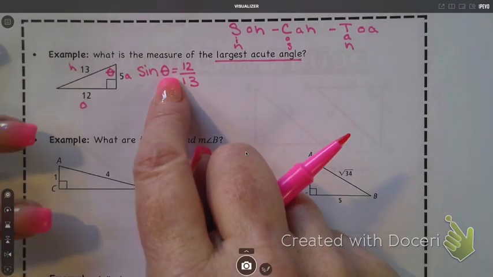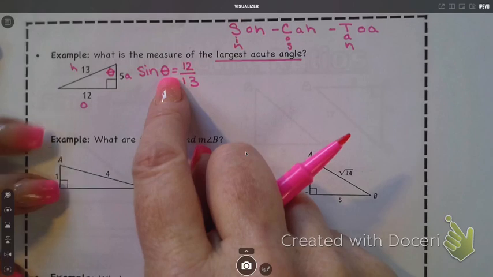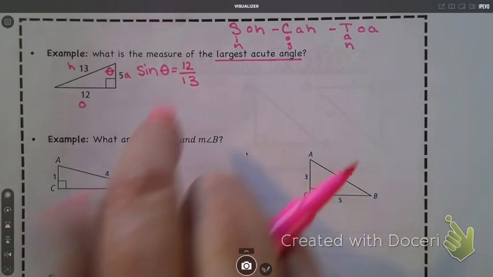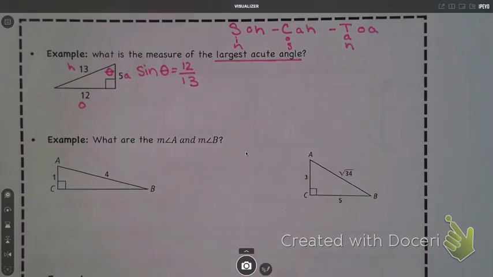So a domain is an x value. We put it into a function, and this is all you need to know about this. You did domain and range last year. We're going to keep talking about it next year and the year after that. It's not a concept you need to know completely right now, but you need to understand a little bit about it. We put x's into a function. Those are called inputs, domains.